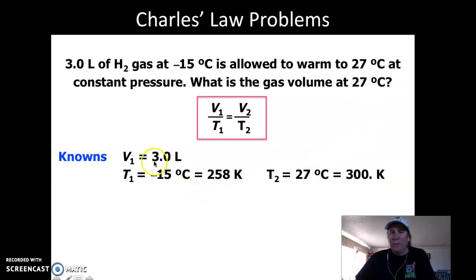So I'm going to go 3 times, not 27, sorry, 300, you guys. If I fill these in, if I take V1 times T2, I'm going to divide both sides by T1, so T2 will be up here. V1 times T2 divided by T1, I'm going to get my answer.